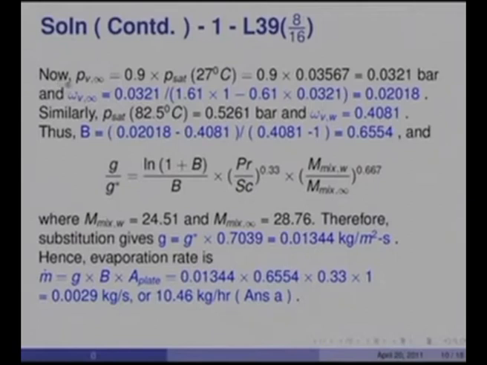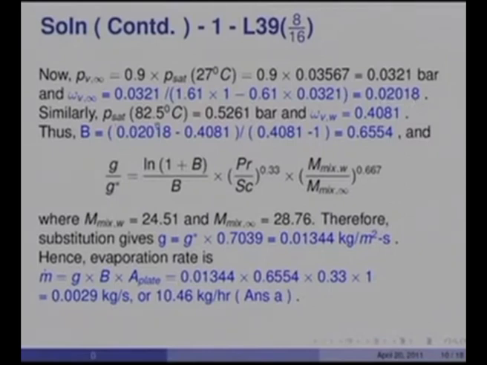So, from the data given, P_v infinity will be 0.9 into P_sat at 27 degrees centigrade, which is 0.9 into 0.03567 bar, and that would be equal to 0.0321 bar. And omega_v infinity therefore can be readily calculated from our formula, and that would be equal to 0.02018.